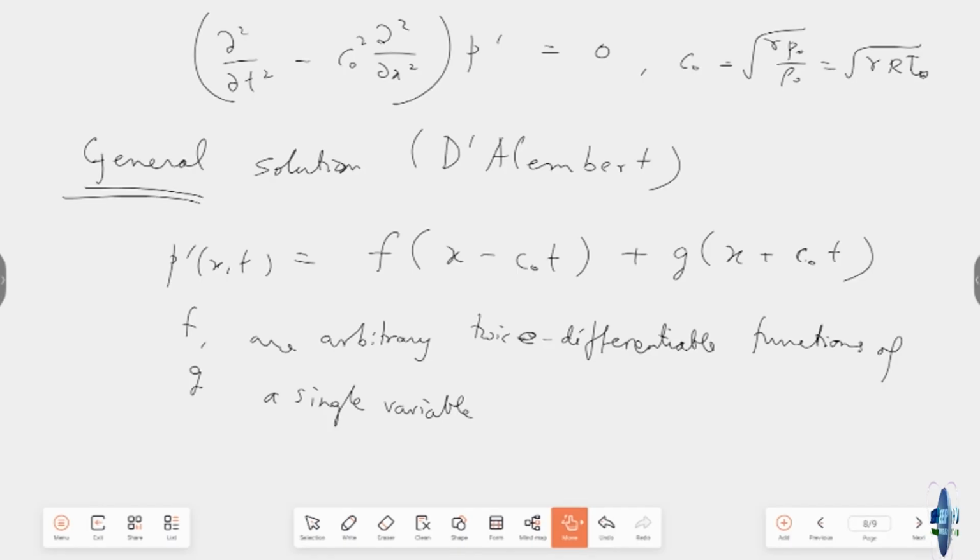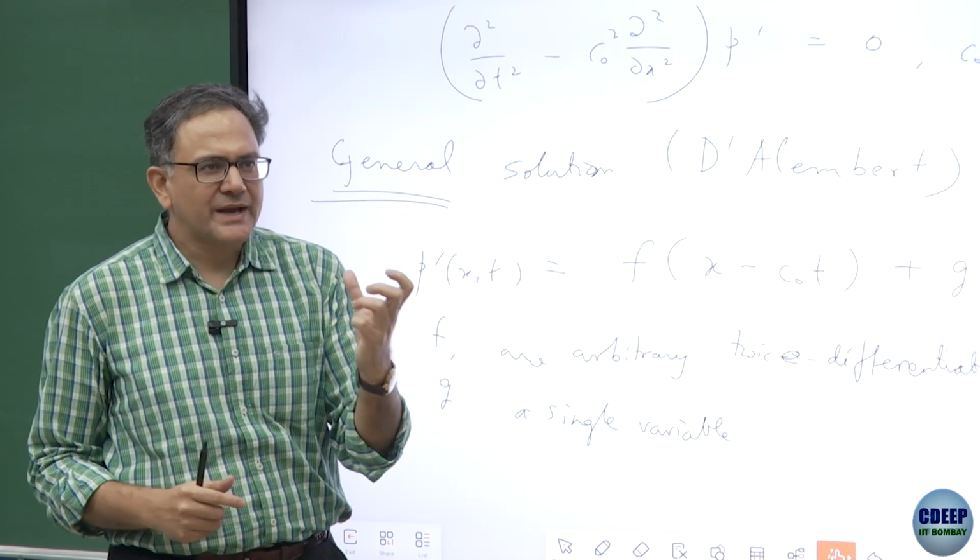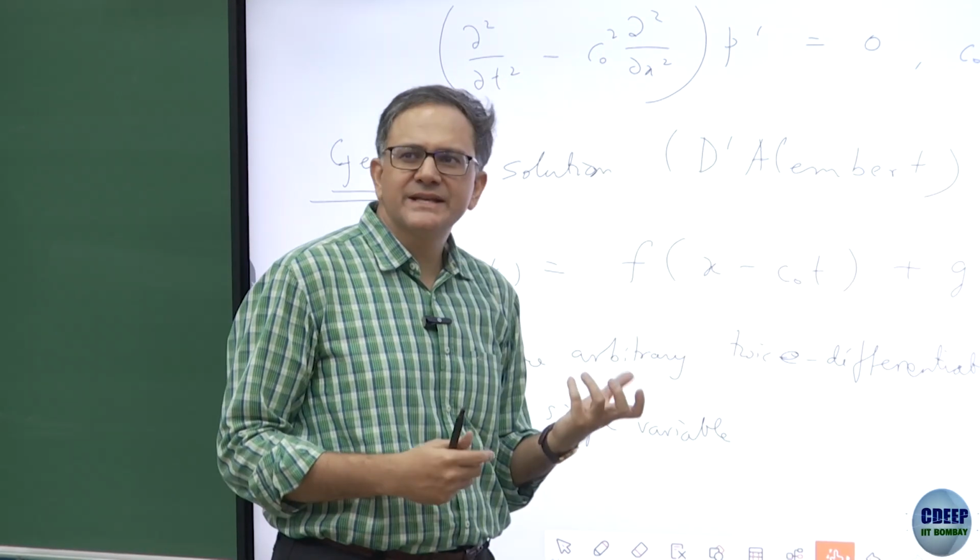So in propagation, a plane wave, again under the simplifying assumption that it is isentropic, of course linear, so inviscid and all that. With all those assumptions, what we are finding is that our acoustic wave doesn't suffer any change in shape.